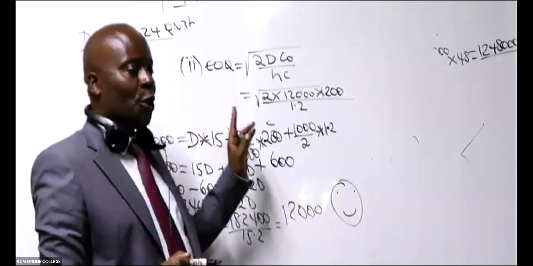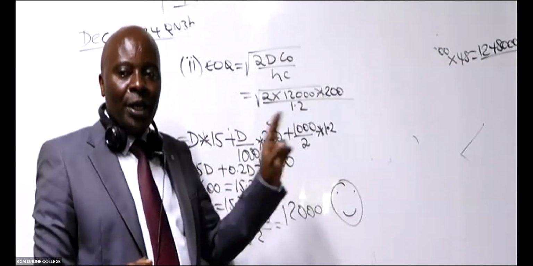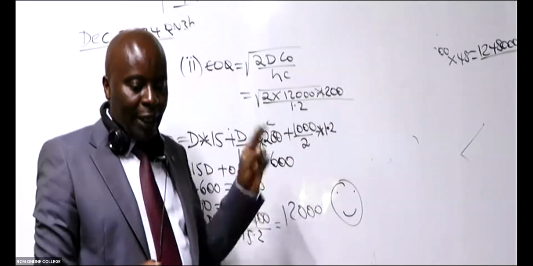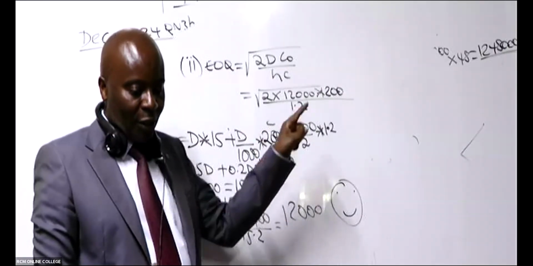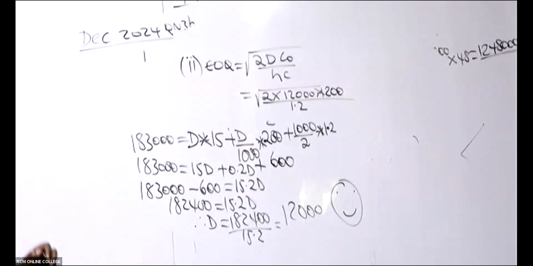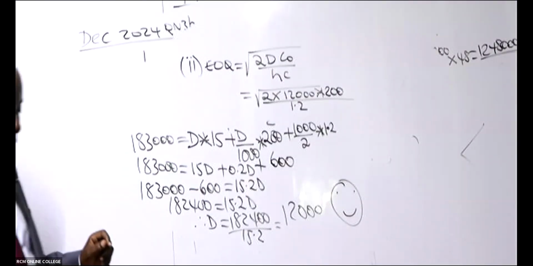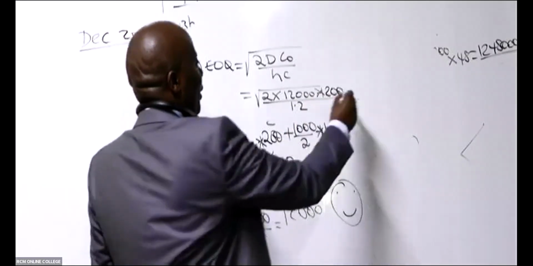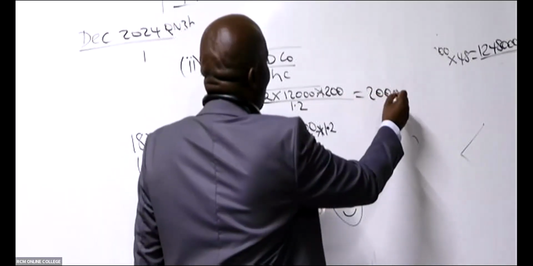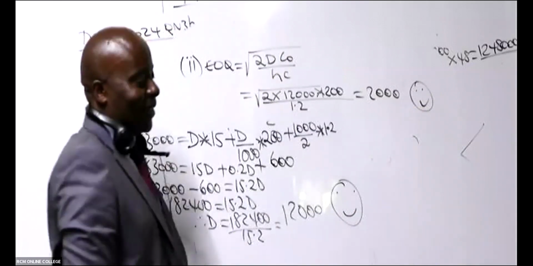We shall say 2 times 12,000 times 200. Whatever we get, we divide by 1.2. And then at the end, we take the square root, which will give us 4 million, and then the square root will give us 2,000. Great. So far, we are all smiles.